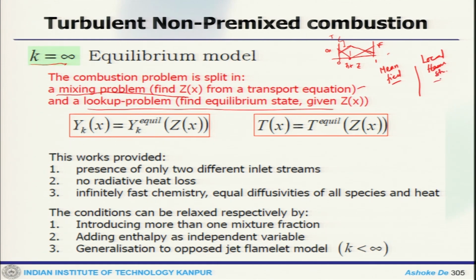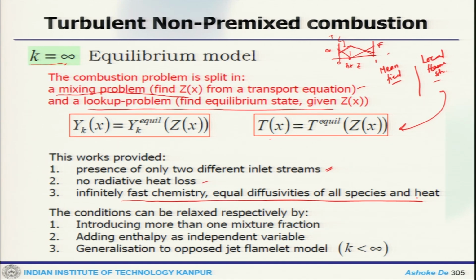So, in the local flame structure you have this information where your temperature would be a function of Z, and your mixture fraction is also going to be a function of Z. So this works provided it is only a two stream problem, this works very nicely. There is no problem and it's quite fast because it's a simple approach and the equilibrium calculation is quite simple, and you can have a table ready. It does not take into account the radiative loss, but it is an infinitely fast chemistry assumption and equal diffusivities.